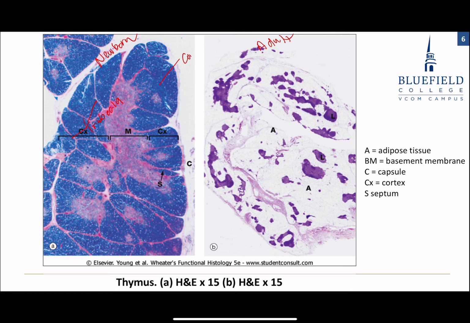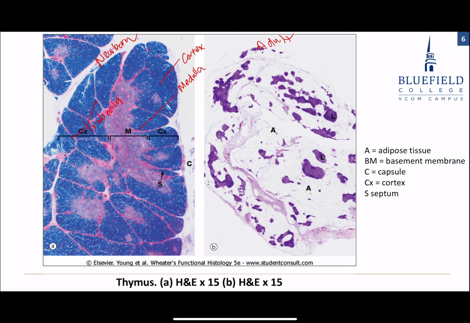Sometimes we see that in an individual lobe, like this one right here, but normally it's the entire organ. Don't look at it in terms of lobes with outer cortex and inner medulla. It is the overall organ, for the most part, that has a cortex and a medulla, not each lobe.